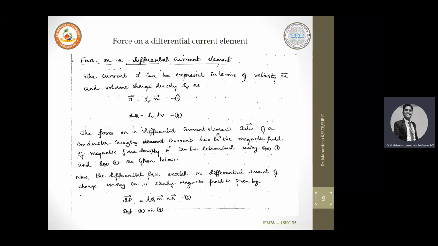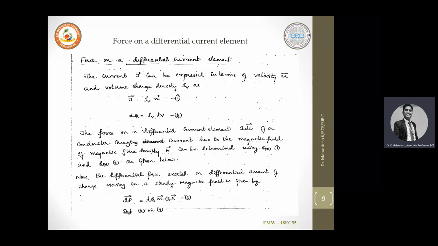The force on a differential current element I dL of a conductor carrying current, due to a magnetic field of magnetic flux density B, can be given by equations 1 and 2 as given below. Now the differential force exerted on a differential amount of charge moving in a steady magnetic field is given by dF equals dQ V cross B, based on the previous magnetic force equation.